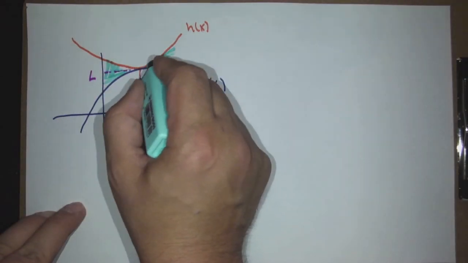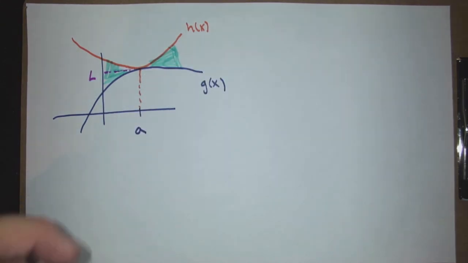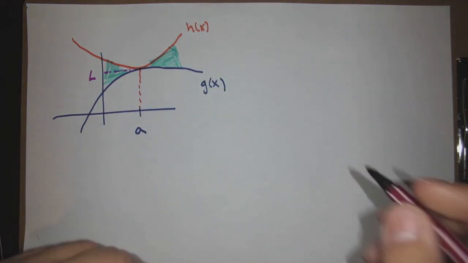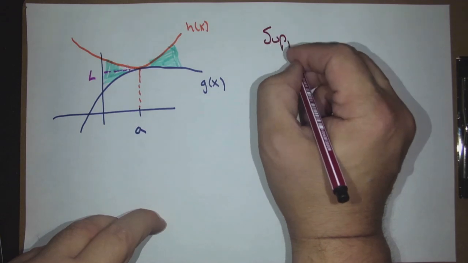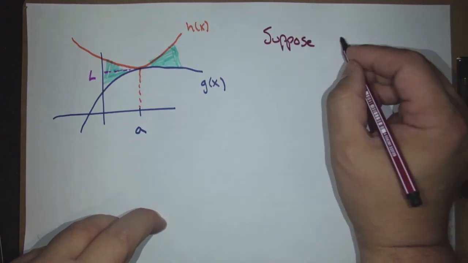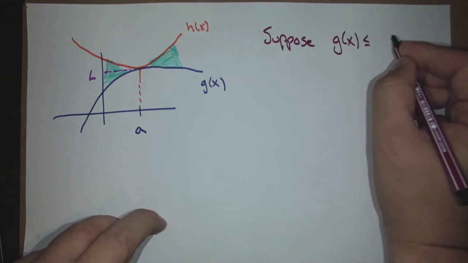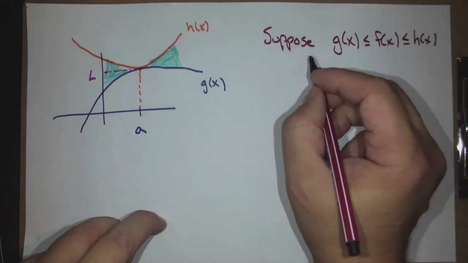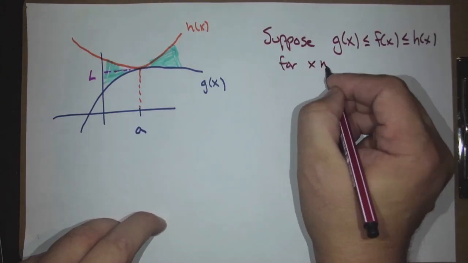Well, our setup is the following. I suppose that g of x is less than or equal to f of x, which is less than or equal to h of x, for x near a.